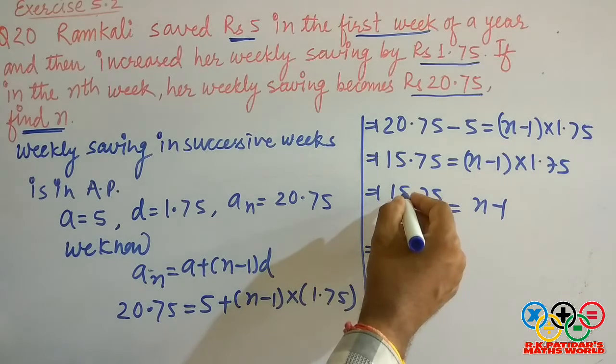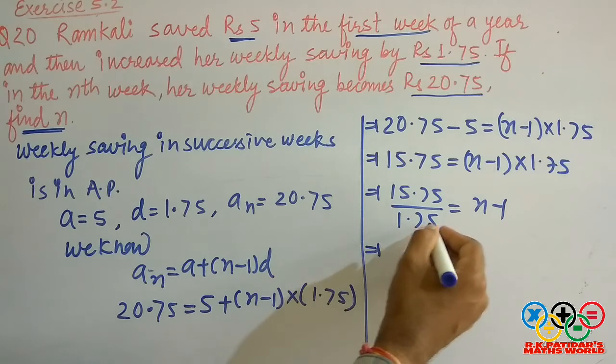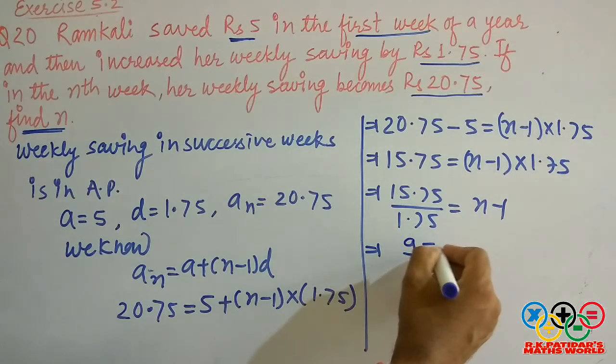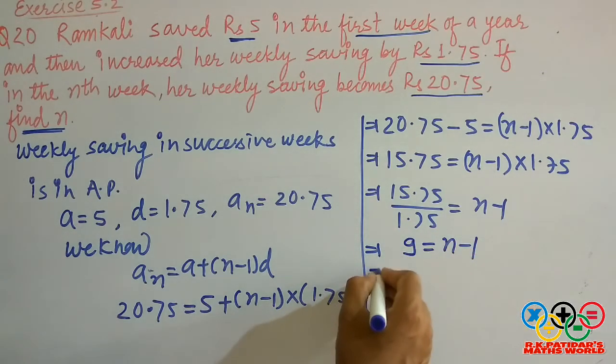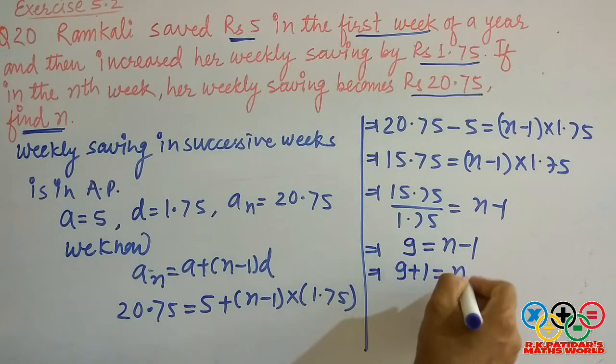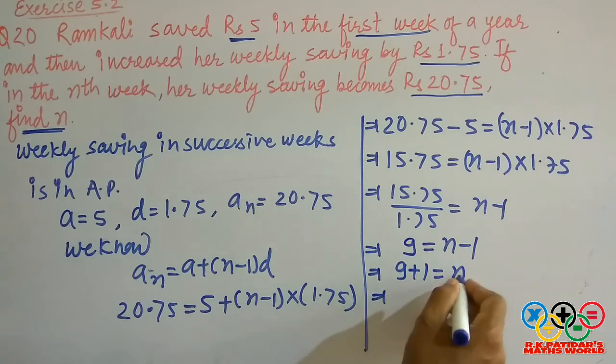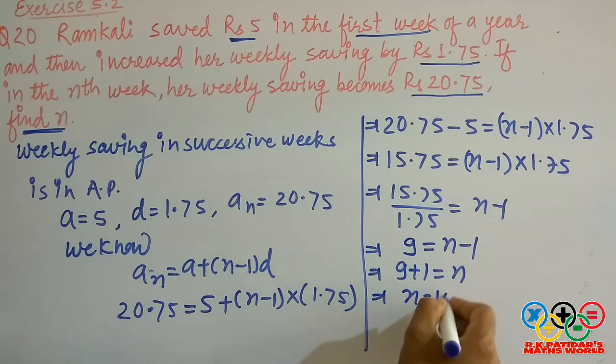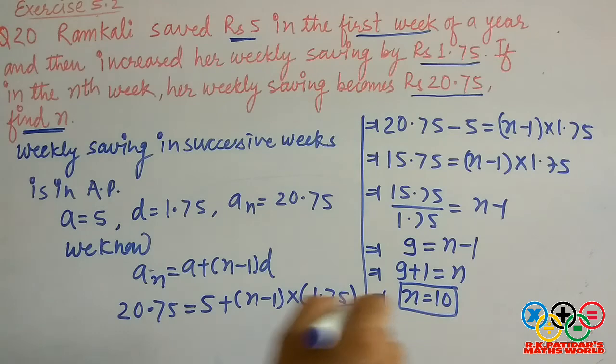So what do we get? 1575 divided by 175, you will get 9. So 9, the minus 1 will become plus 1. So n is equal to 9 plus 1 is equal to 10. So the value of n is what? 10 here.